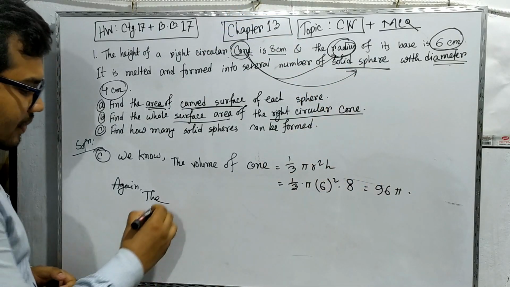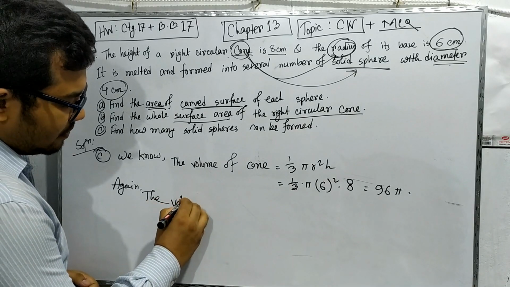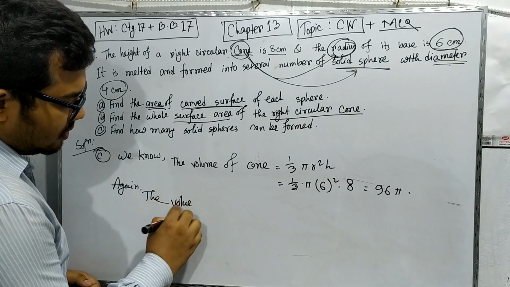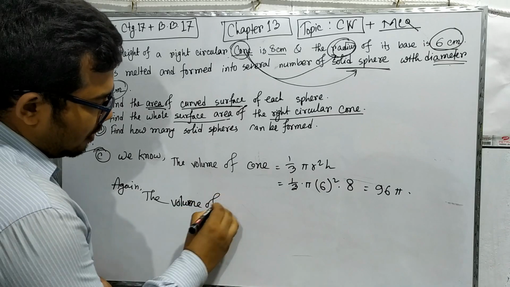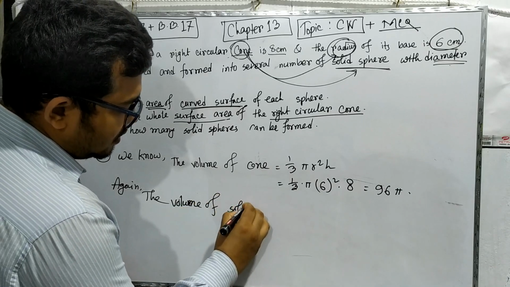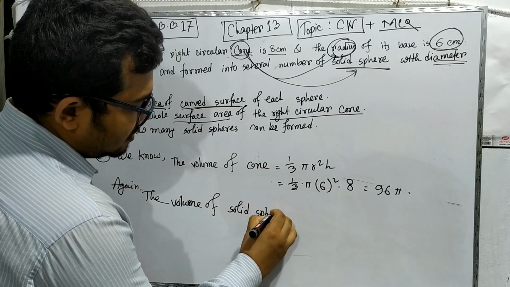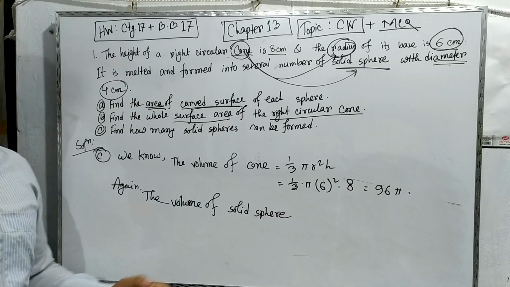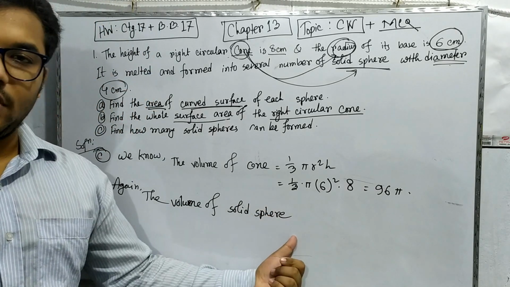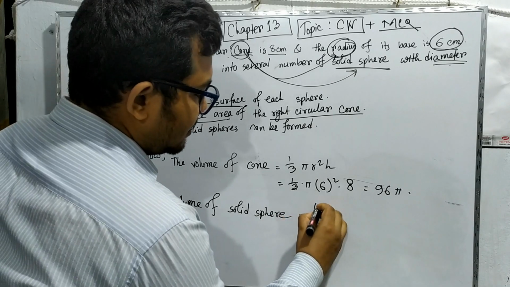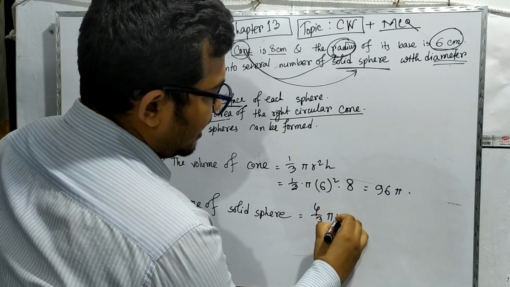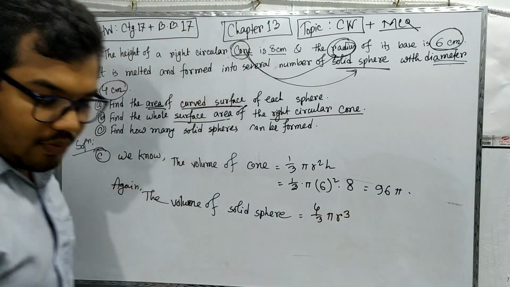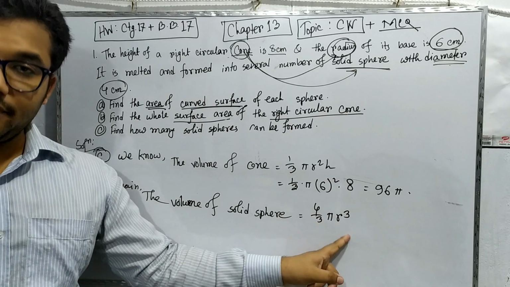So the volume of solid sphere is what? 4/3 pi r cube. This is the formula.